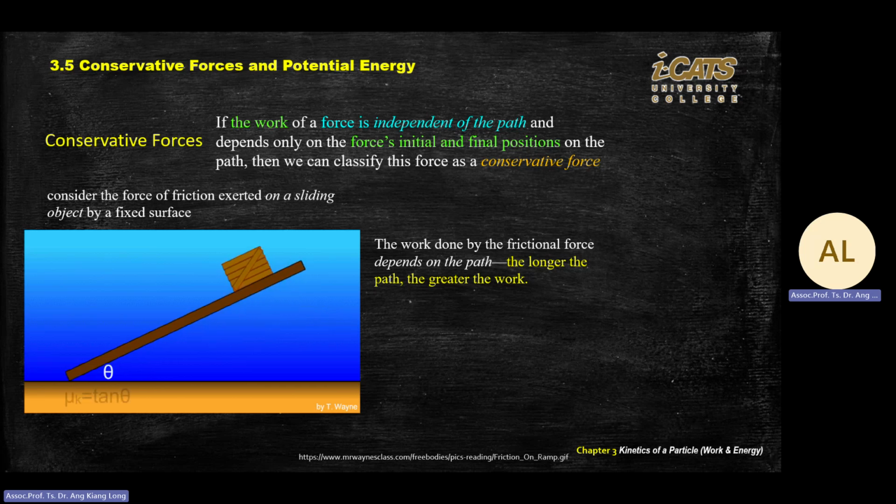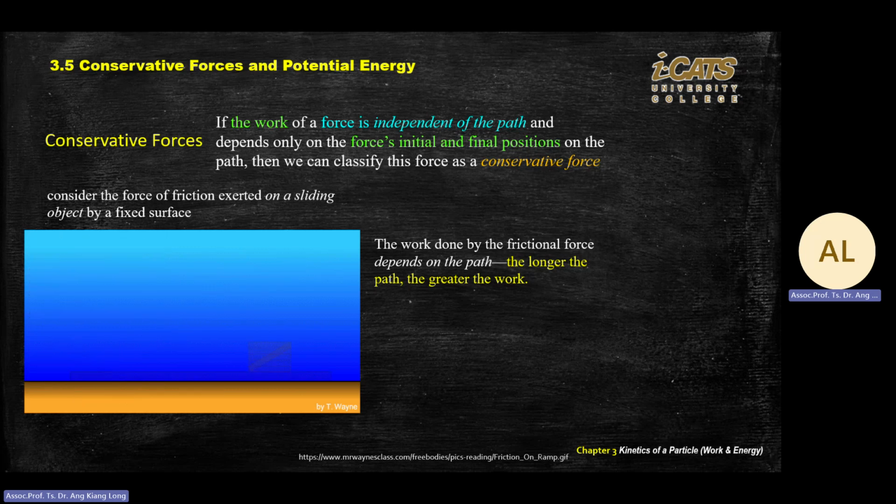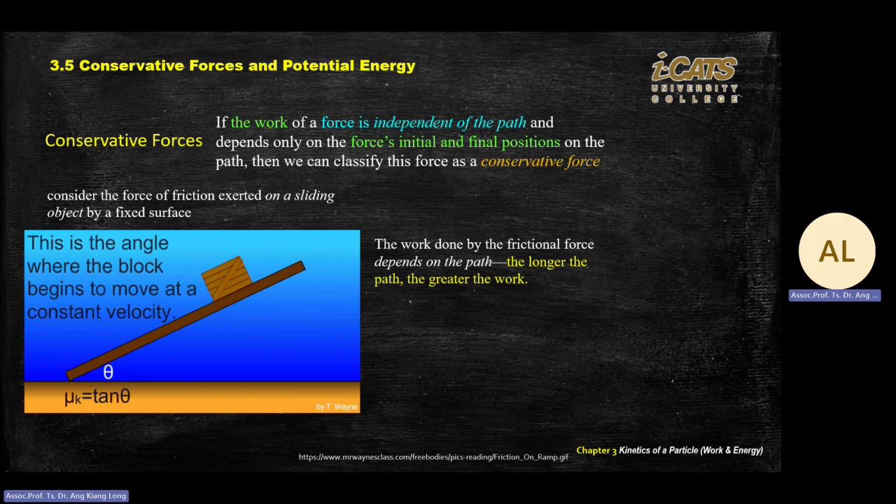The force is multiplied by the distance traveled under the friction force. Then conservation of force cannot be used. Meaning the more path traveled by the friction, the bigger the work. So the work cannot be conserved.